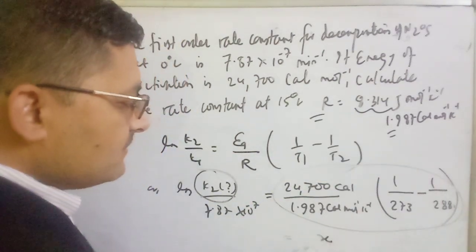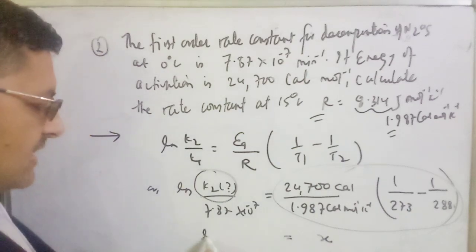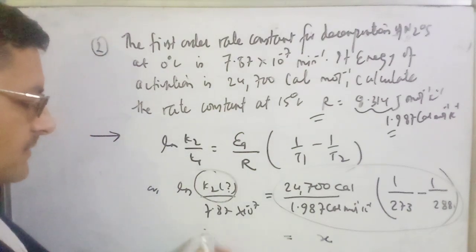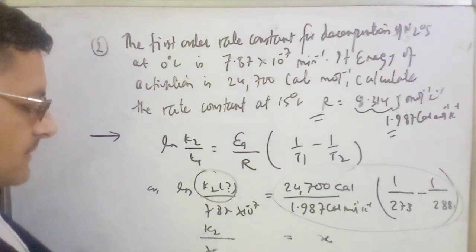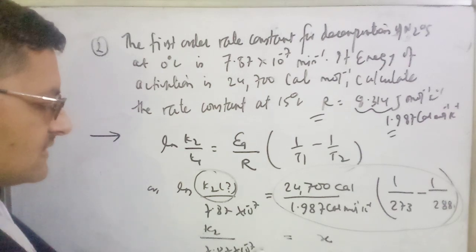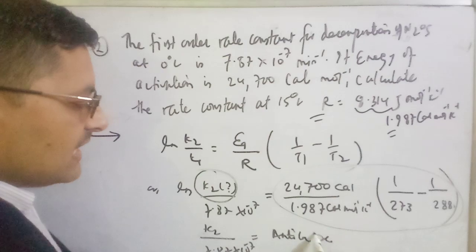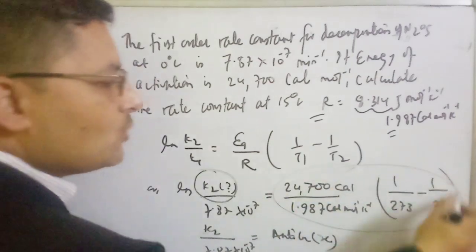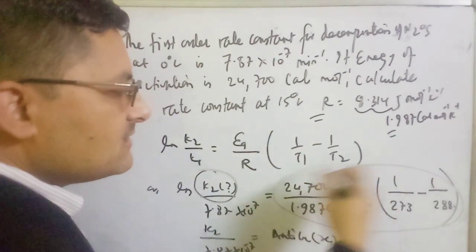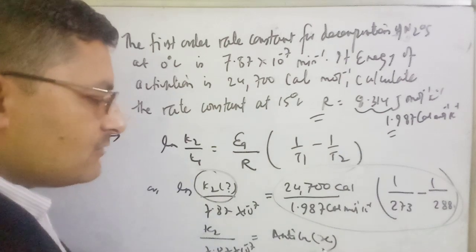If you get the X value for all of this, then ln K2 upon 7.87 into 10 to the power minus 7 equals ln of x. X means this whole value. First of all, find this whole value, and that will be x.